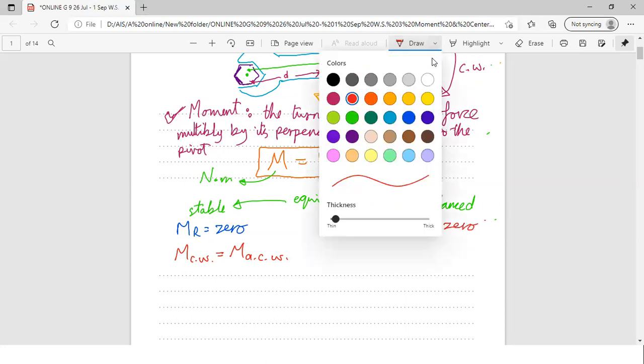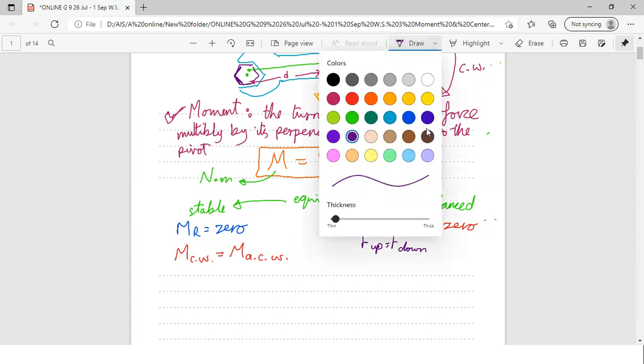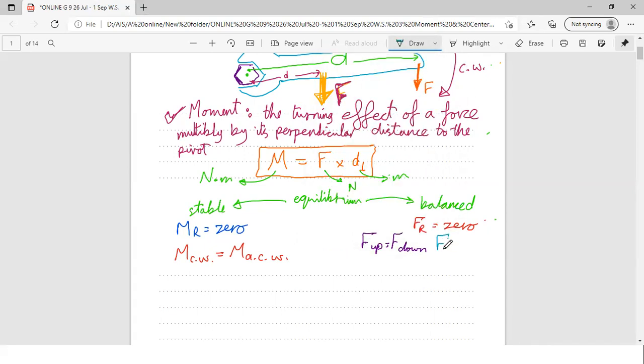And we said that if the resultant force is 0, that means the forces upwards equal the forces down. That is the formula they ask about most. And the other formula: forces left equal forces right. Forces left is equal to the forces what? Right.